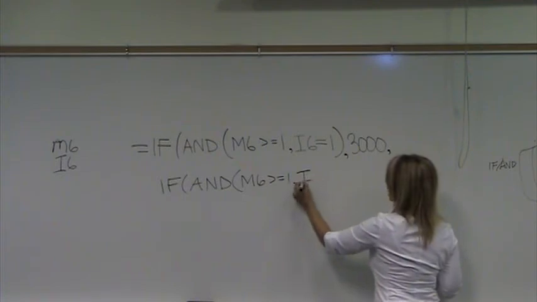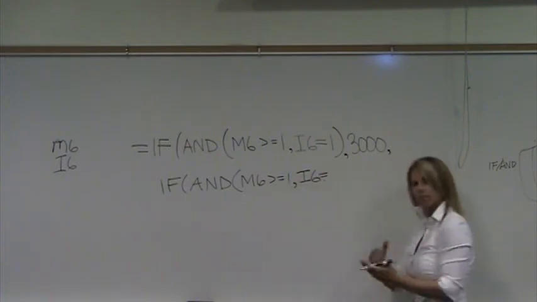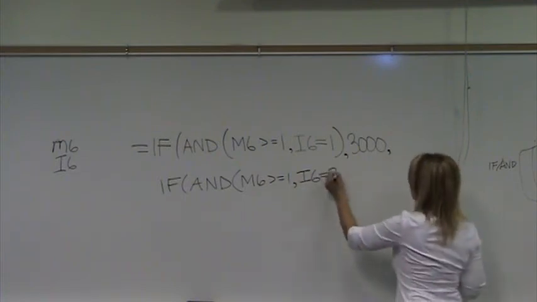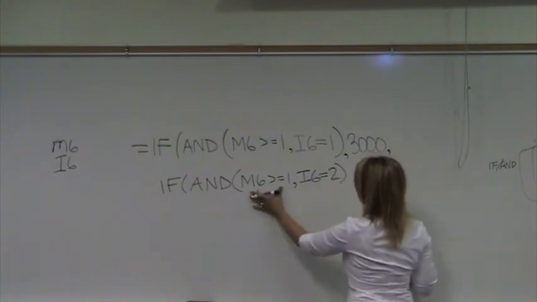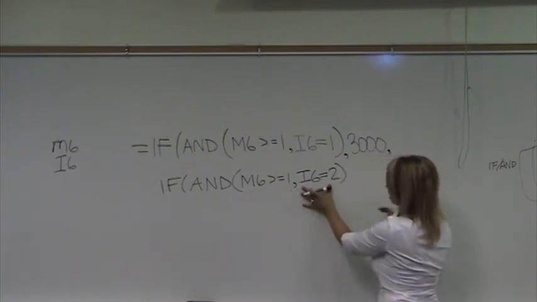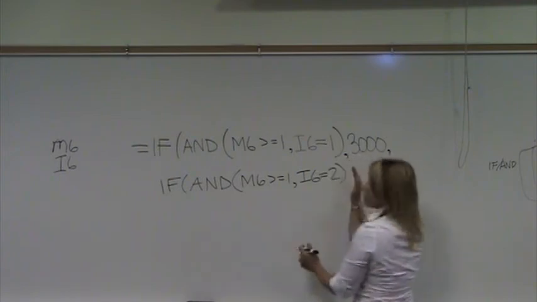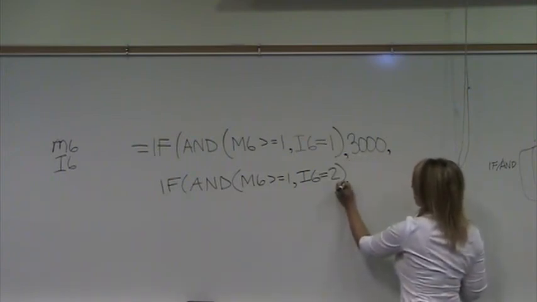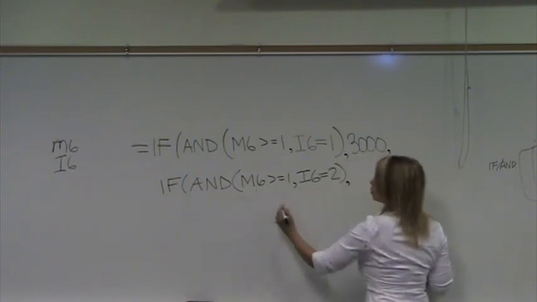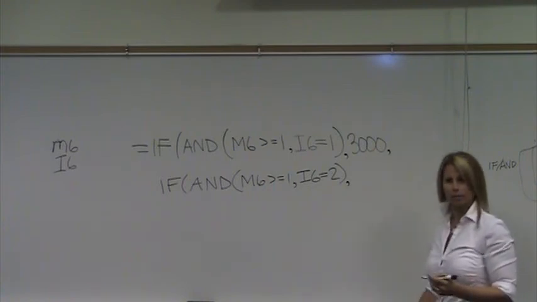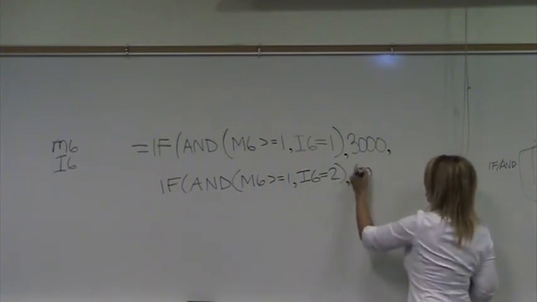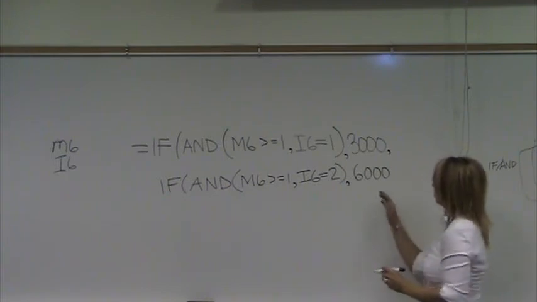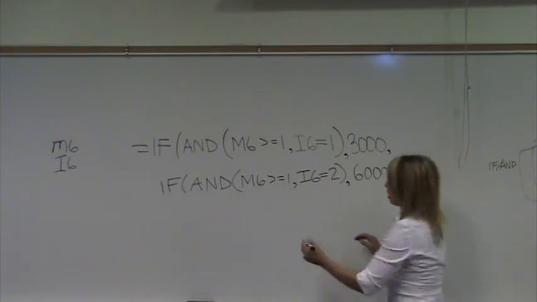And our pay grade has to be equal to what for our next bonus level? 2. 2, okay? There's our logical test. First one, comma, second one. Here is our logical test. We're done with that. We're going to put in our comma. If these are true, what is the dollar amount of our bonus? 6,000, that's right. Okay? Let's go ahead and do another one.